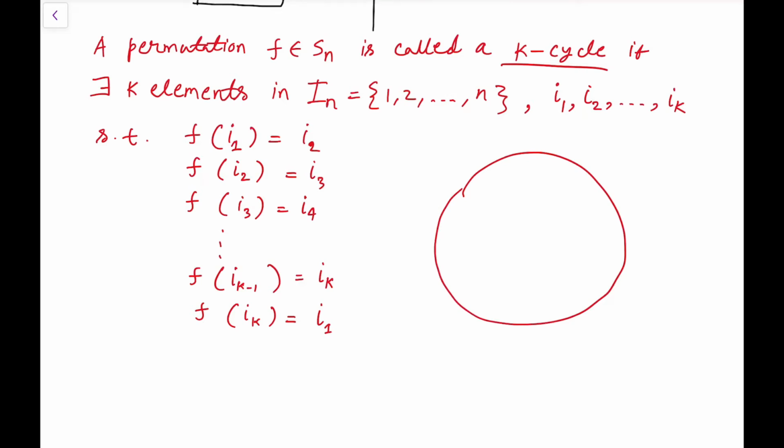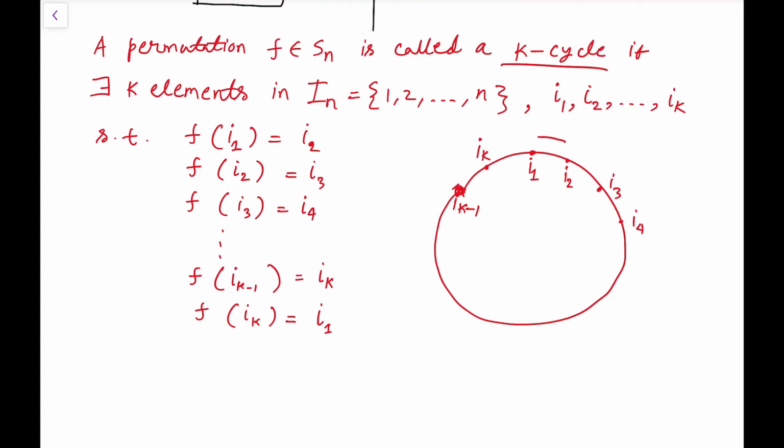Basically, if we draw a circle, suppose this position is i1, this position is i2, this position is i3, this position is i4, and let's say this position is i(k minus 1), and this position is ik.